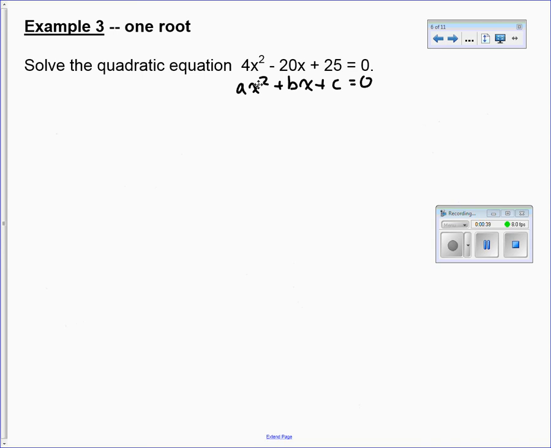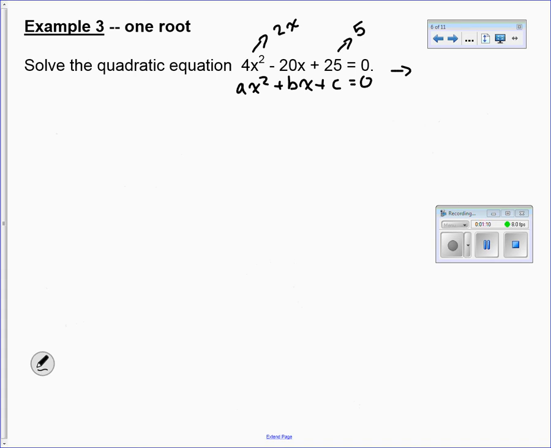I know that this is a perfect square, so I could easily factor that. But let's go and see what happens when we do this. Now, I'm going to tell you, I expect to have a solution of, if I factored this, I'm going to get, well, this is supposed to be 2x when we square root it. This is going to be 5 when we square root it. 2 times 5, 20.